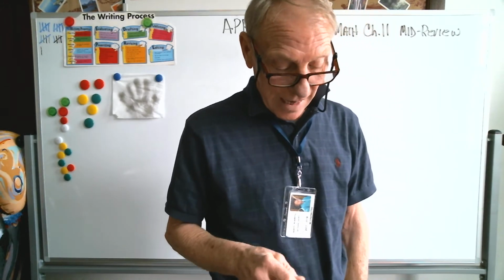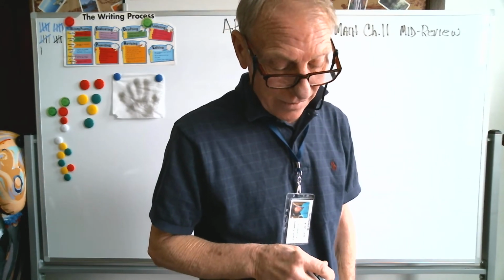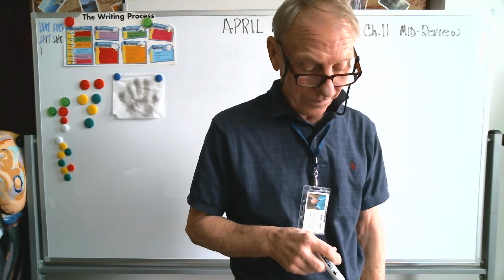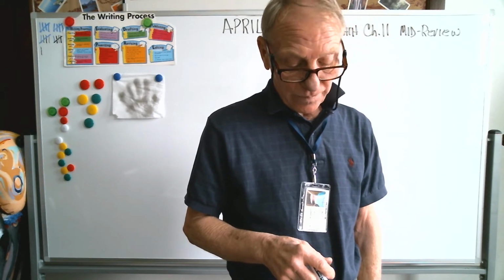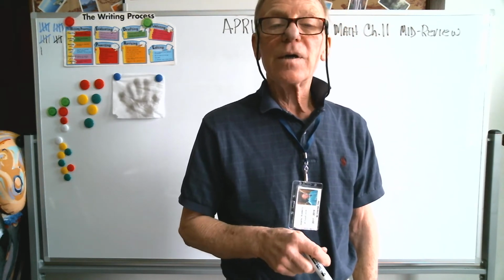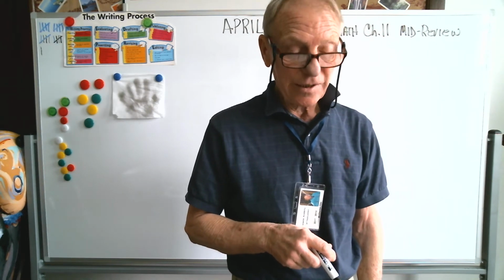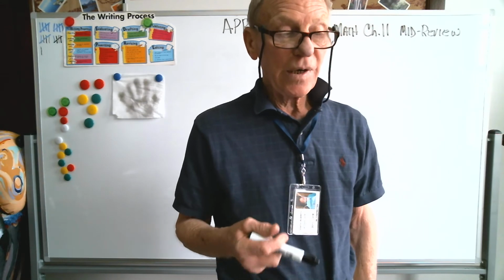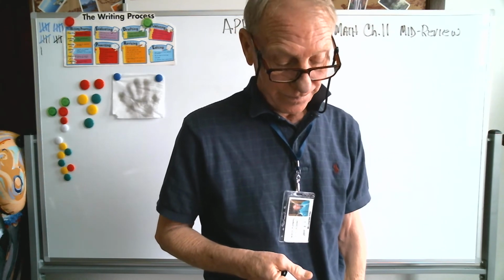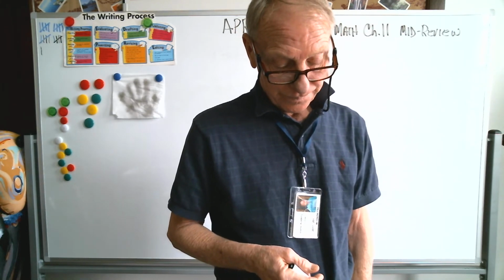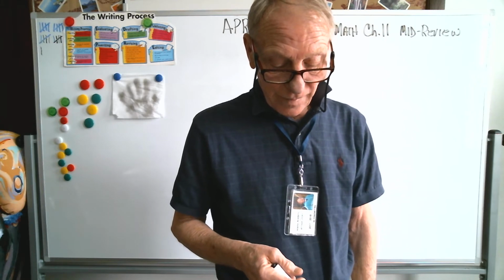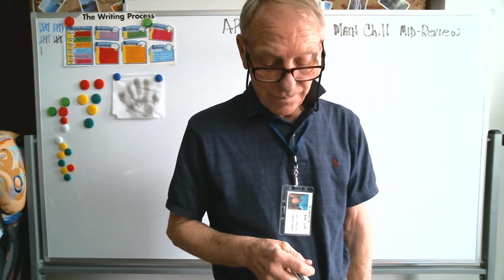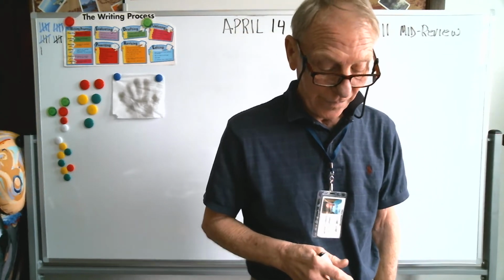Number 8 and 9, it says, tell the measure of the angle in degrees. So it's 100 of the 360 degrees. So the angle would be 100 degrees. Number 9, it's showing 1/12 of the circle.